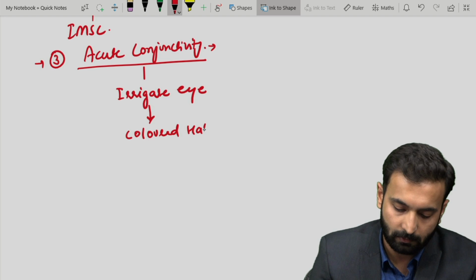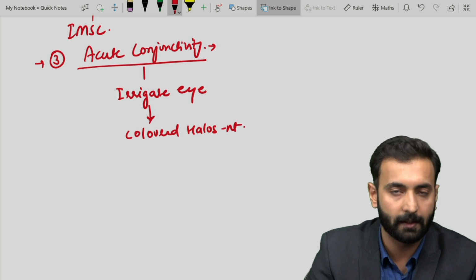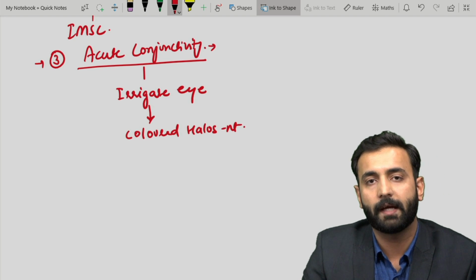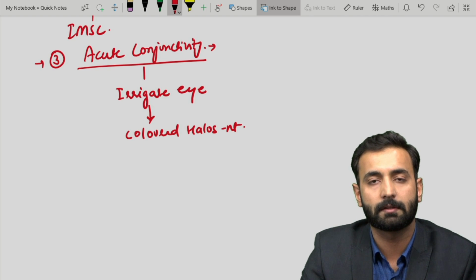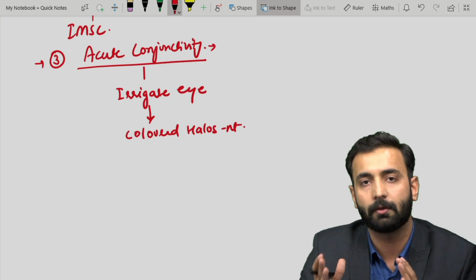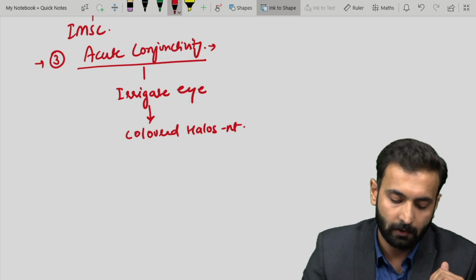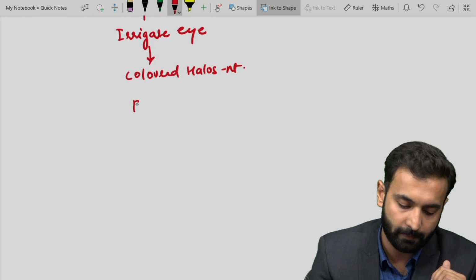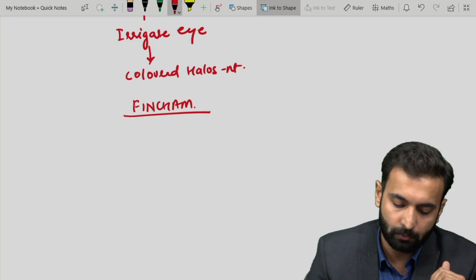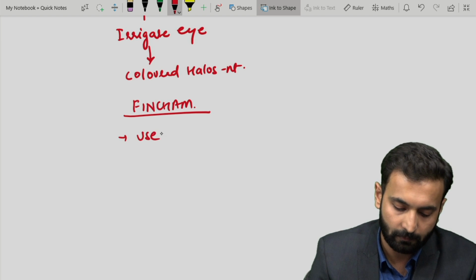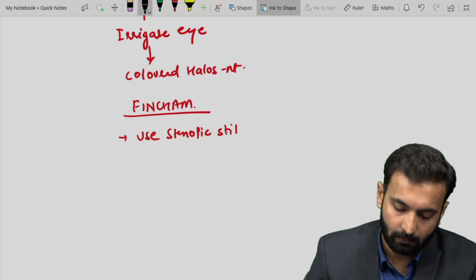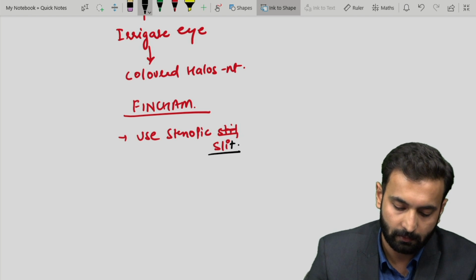Now we have to differentiate between colored halos seen in acute congestive glaucoma and those due to immature senile cataract. To differentiate, we use the Fincham test. What we do in this test is we use a stenopeic slit. How does it look?